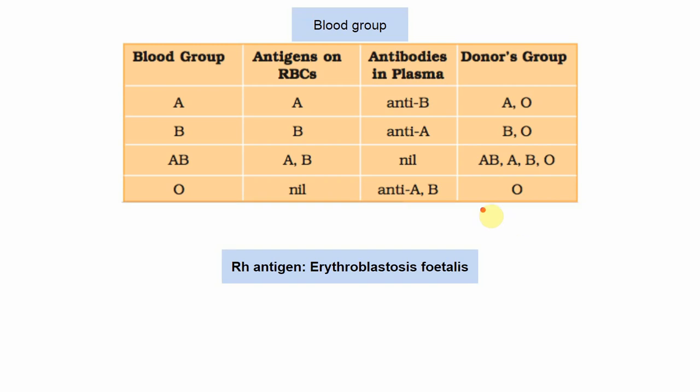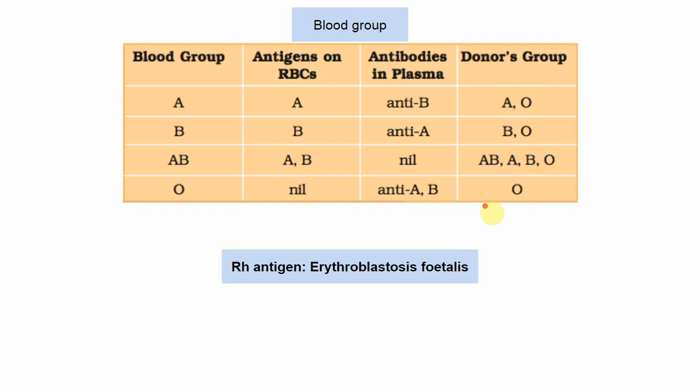So what happens is that the first pregnancy is completely normal, because the time duration that is required to prepare the antibodies is more, and in this period of time she delivers the first baby in a most healthy way, so there's no problem.